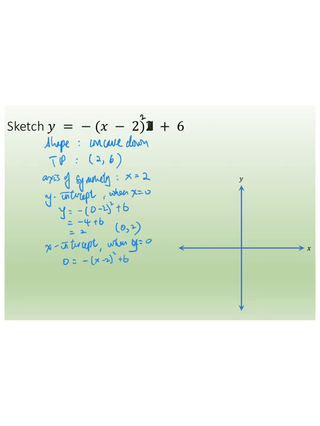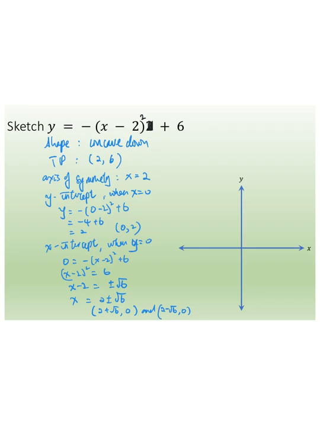Rearranging, (x minus 2) squared equals 6. x minus 2 equals plus or minus square root of 6. x equals 2 plus or minus square root of 6. So the x-intercepts are (2 plus square root of 6, 0) and (2 minus square root of 6, 0).